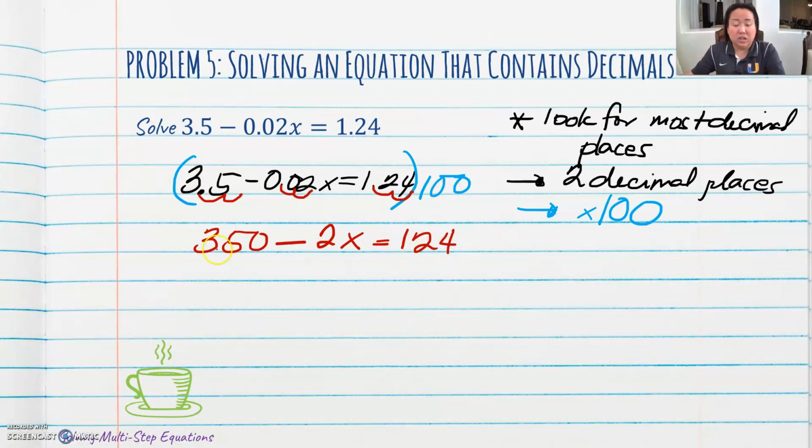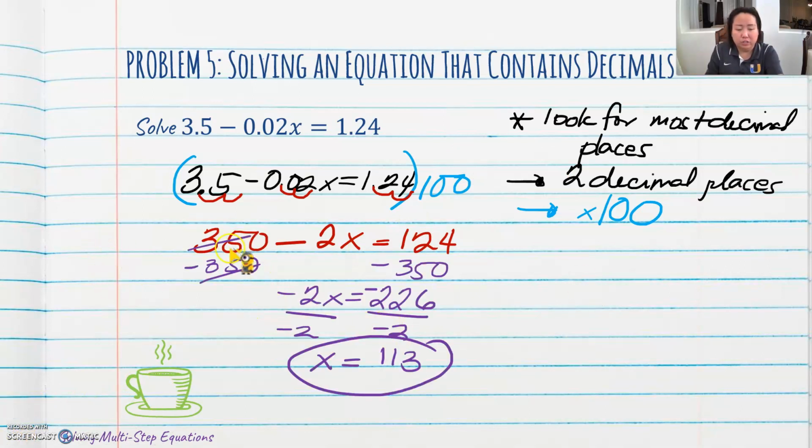And so this time, it's a lot easier to work on this equation, so go ahead, continue working on this. What will be the value of x? So solving, continuing the computation here, your x will end up to be 113.